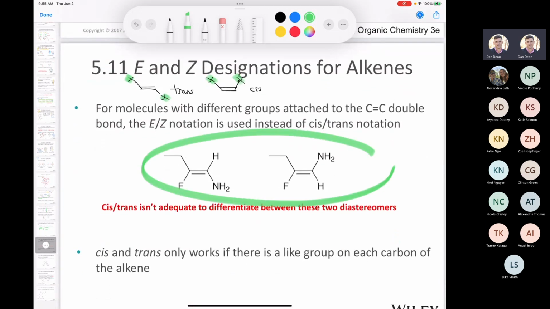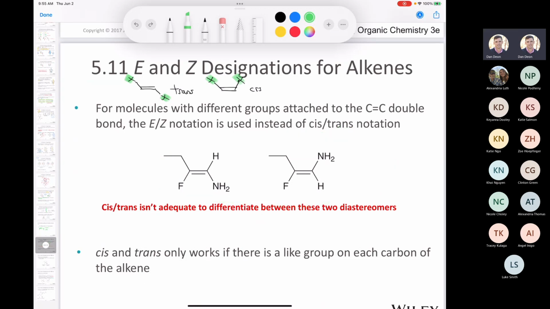But if you look at these two compounds that I have here, you see that these are non-identical compounds, are they? Right? These are two diastereomers. Why? They're stereoisomers, but they're not enantiomers. You can't take this compound and plop it on top of this one. So we have a pair of diastereomers, but you cannot use cis and trans for these because you don't have a like group on each carbon of the alkene.